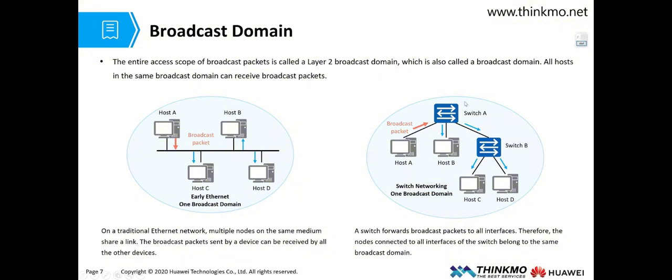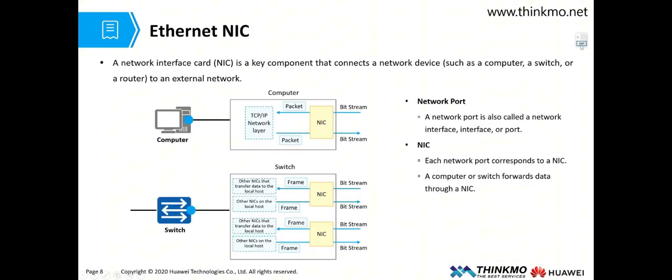Besides this, when our computer is going to receive it in the future, our computer actually needs to have a network card, which is responsible for connecting our network devices. For example, when I connect to other switches, other routers, other computers, and other devices to the external network, this is a crucial component. Our network interface is also called a network port or a network card, right? They are the same.